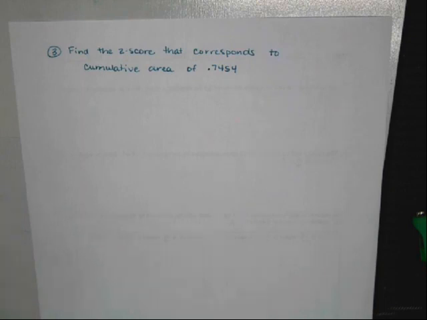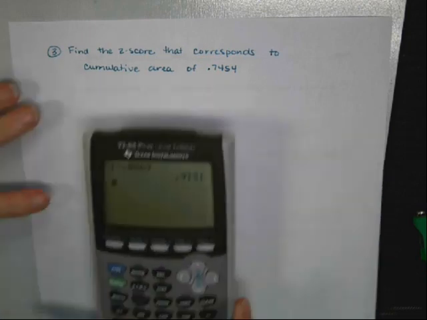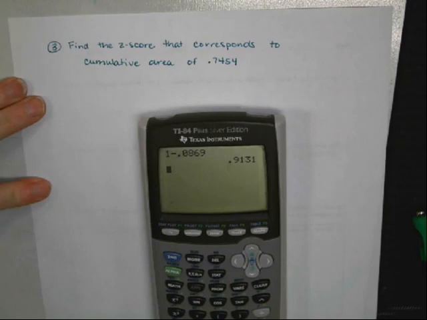If it says cumulative area, that means it is shading from the left because it accumulates from the beginning to that point. So that's already from the left, which is good. So if I'm going to use my calculator, this is the opposite of what we've been doing before.